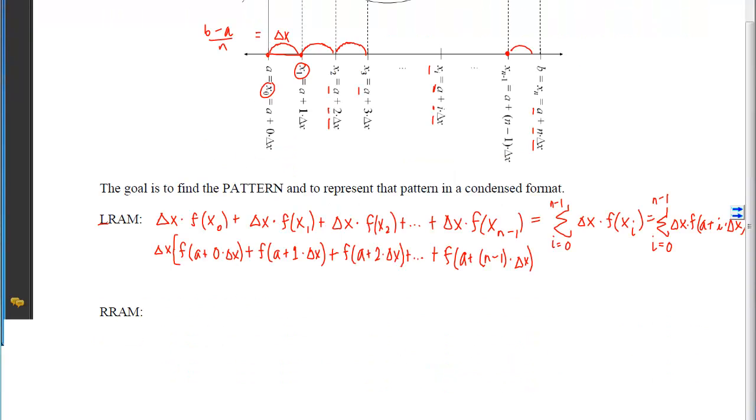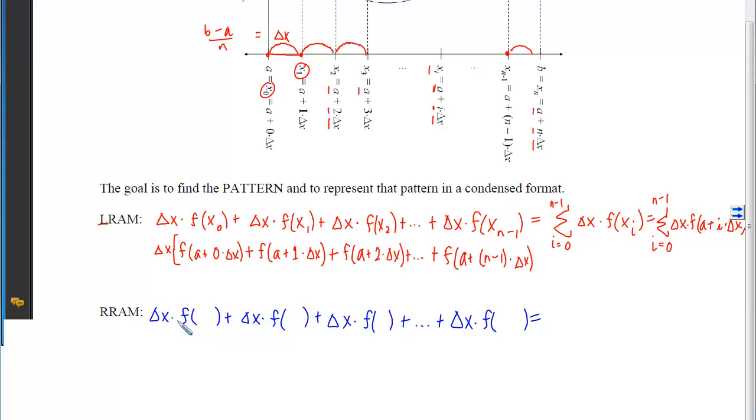So what about RRAM? With RRAM, we again will have that delta x times a function value, plus delta x, which is a width, times a height, plus delta x, which is a width, times a height. And we'll go all the way out to our final rectangle, which will be a delta x times a height. And let's figure out what the heights are coming from.